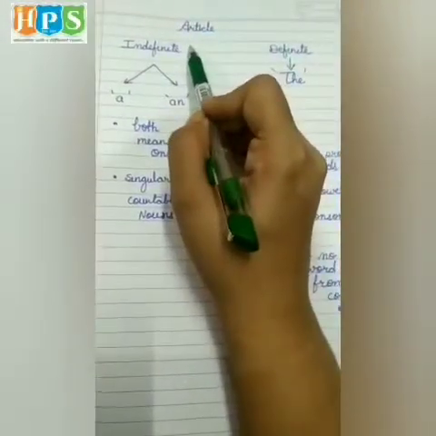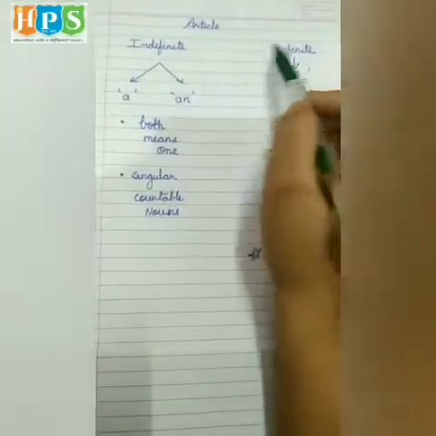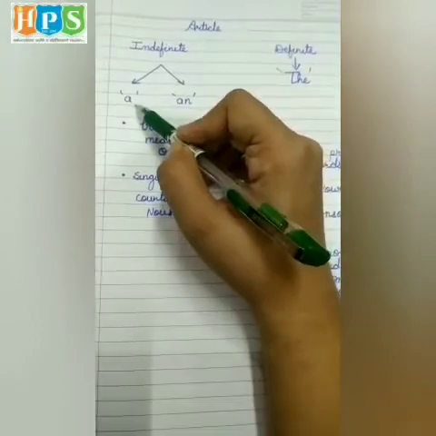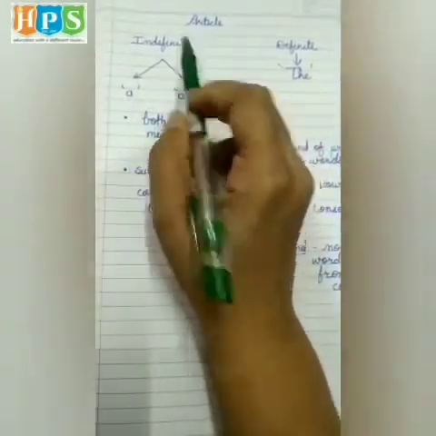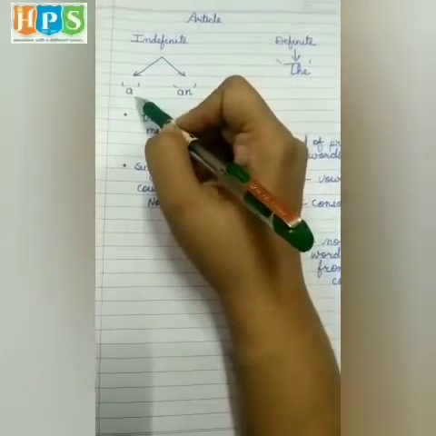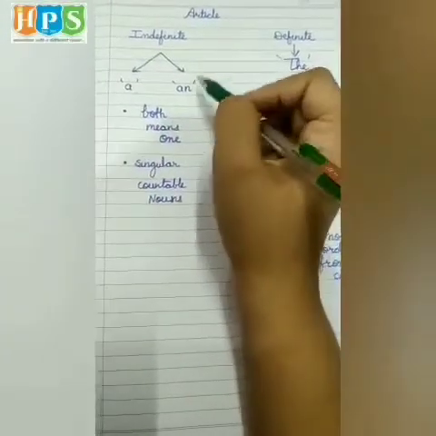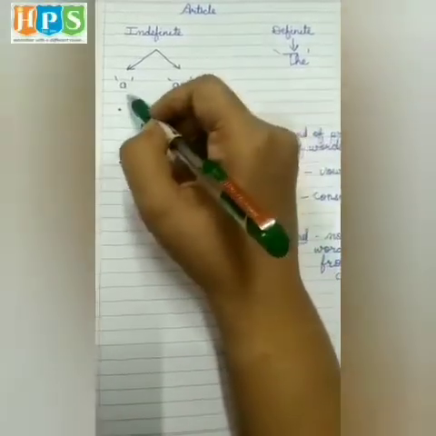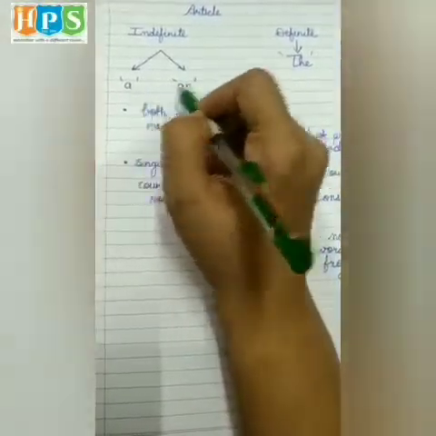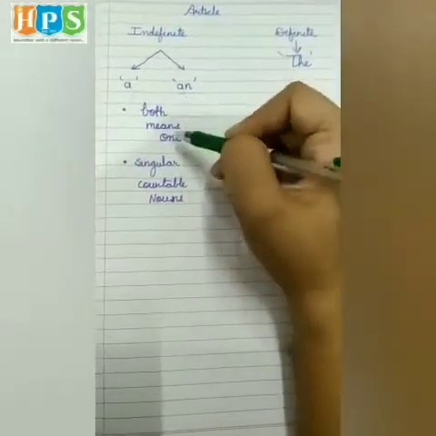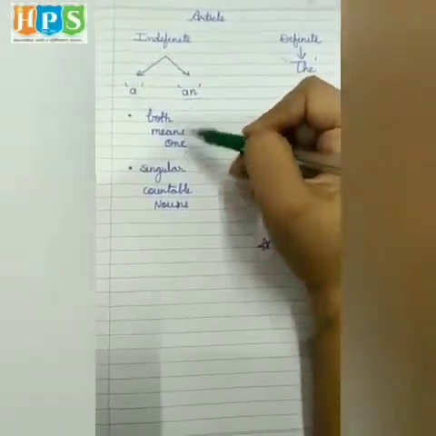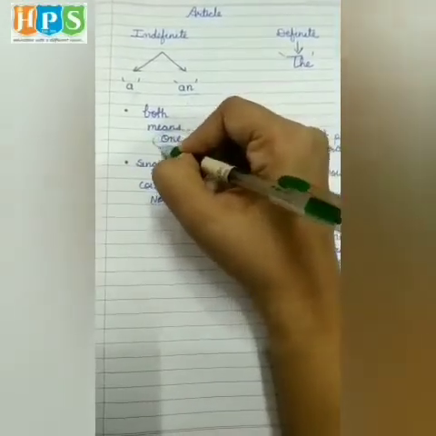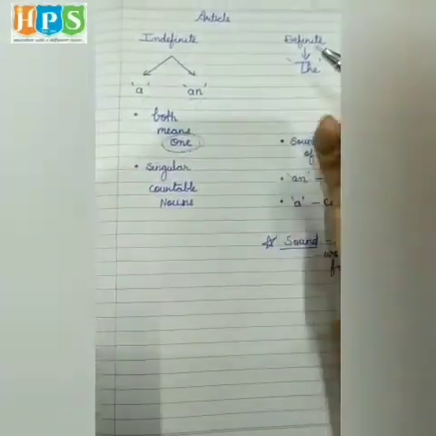Articles are of two types, indefinite and definite. Of the indefinite article we have two forms. The first one is a, which means one, and the second is an, which also means one. So both are forms of a word that means one, and they indicate that we are talking about a singular countable noun.